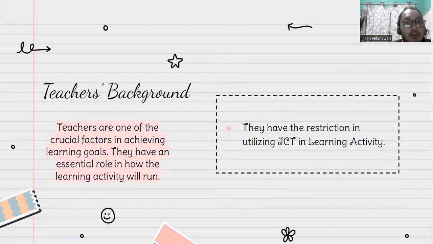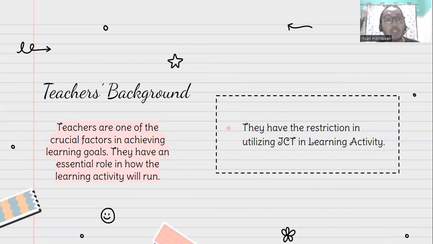Let's see the teachers' background. As we know, the teacher has a crucial role in succeeding learning activities. However, they have restrictions in utilizing ICT in learning activities, including optimizing electronic devices that the school has provided, or using applications that can give a positive effect to students, because when the teacher is going to use applications, they have to think twice: either the students can use it, or the students can download it or not.